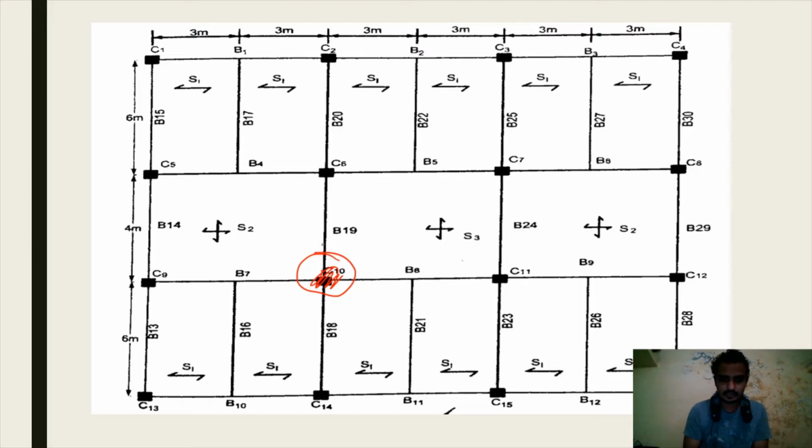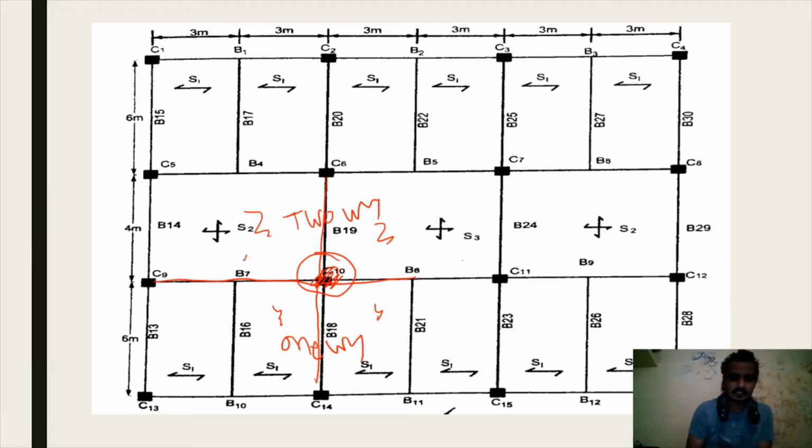On this column we have 4 interior beams, 2 one-way slabs and 2 two-way slabs. So we have to find out how much load is on this column C10. So let's check.